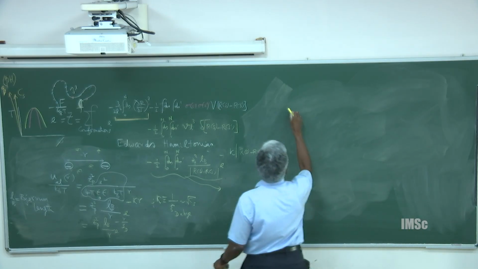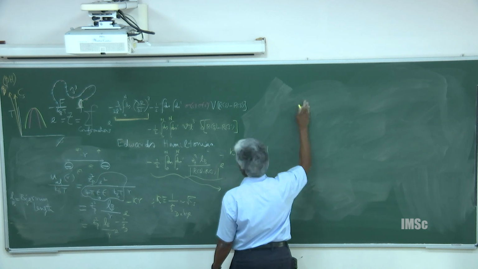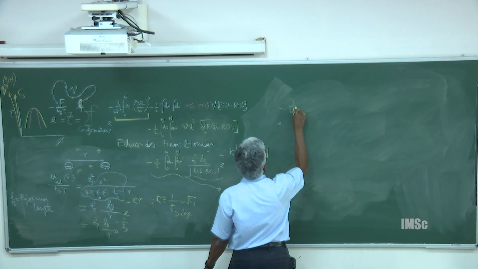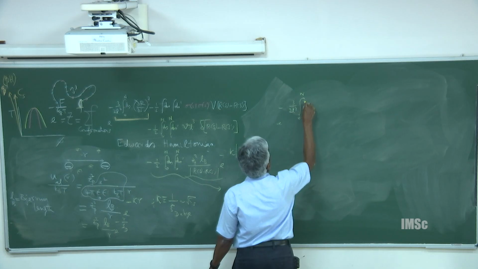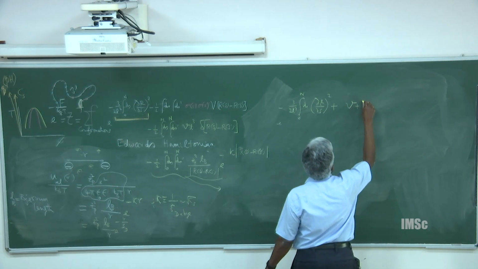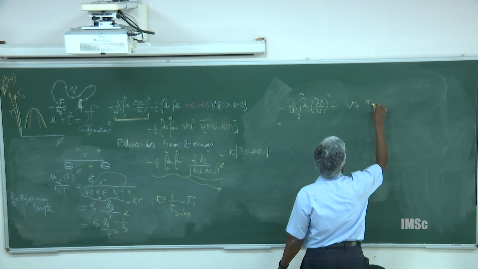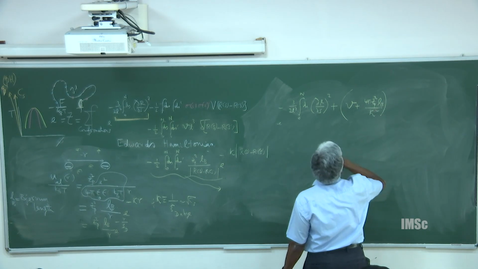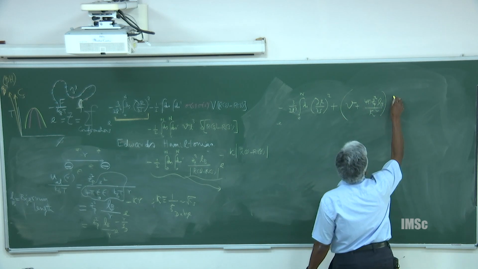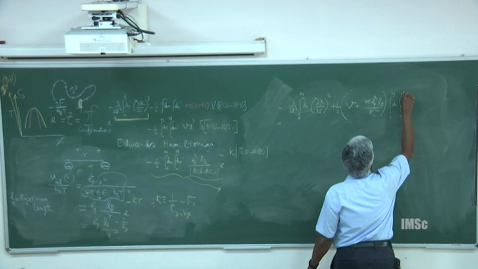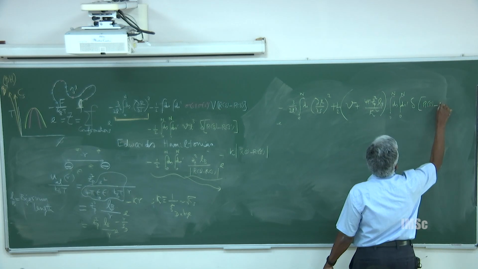The Edwards Hamiltonian becomes e to the minus 3 over 2 L squared integral 0 to n ds (dr/ds) squared plus V plus 4 pi LB Zp squared over kappa squared, integral ds integral 0 to n of delta of r(s) minus r(s').